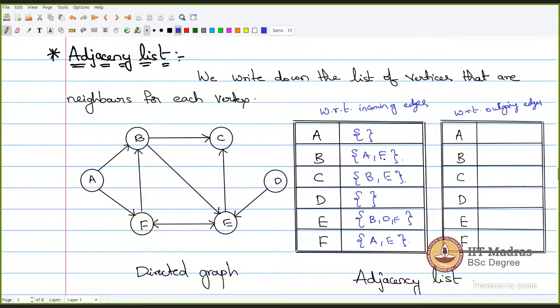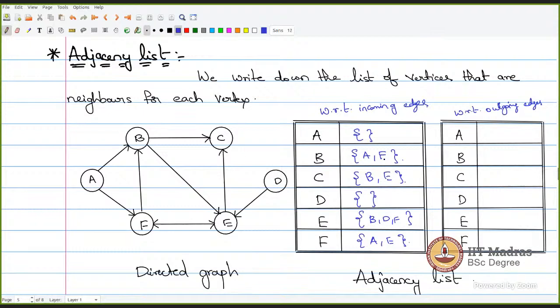It will directly go to A[i][j], right? And the search time is less. Actually, in the adjacency list, we'll have to scan all the neighbors of i, right? So it's somewhat expensive compared to the matrix.